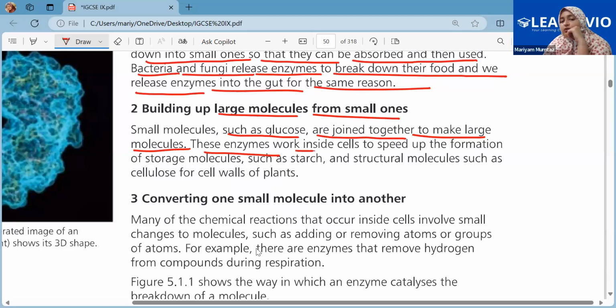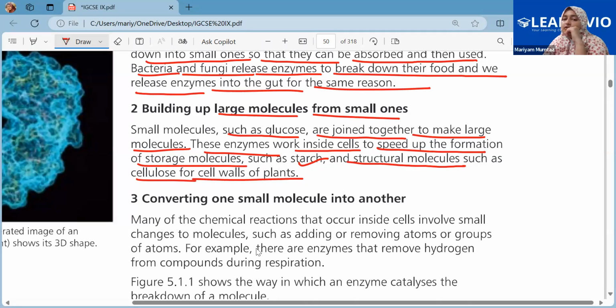These enzymes work inside cells to speed up formation of storage molecules such as starch and structural molecules such as cellulose for the cell wall of plants. So we know that when many glucose molecules come together, they form starch and cellulose. And this process of forming the starch and cellulose also takes place with the help of the enzyme. So here, from smaller molecules, larger molecules are being made.